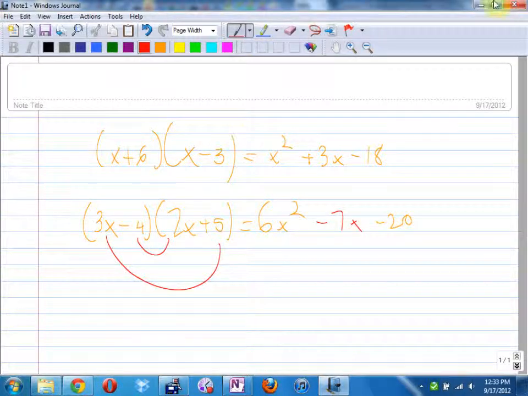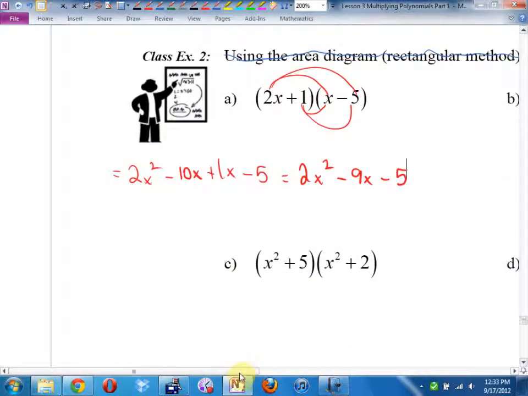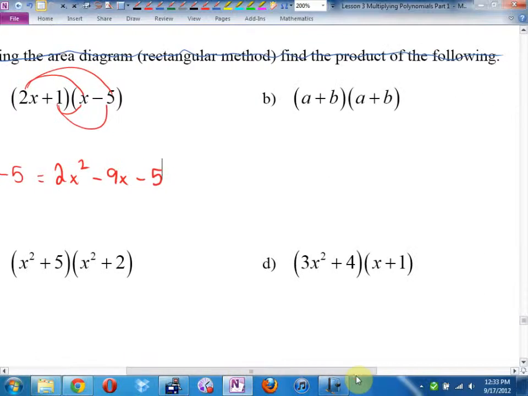Now, if there's more than one variable, like b, or if there's different degree exponents, like c and d, then I probably, Victor, will choose to show work. Although I might try and, it's up to you.